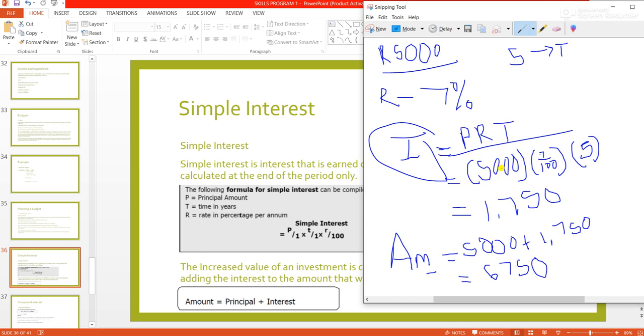The 5,000 is the principal amount that you have. In order to derive your interest rate, you need to divide your interest rate by 100. It will give you a decimal number, which is 0.07, and your 5 is in here.